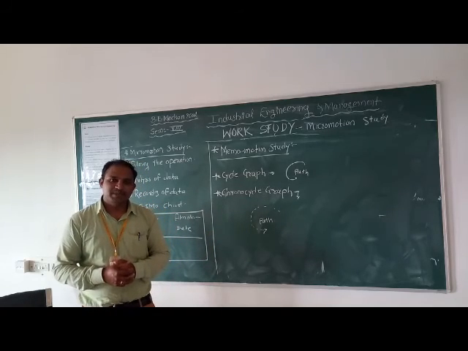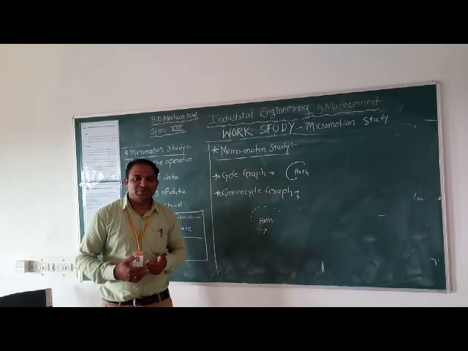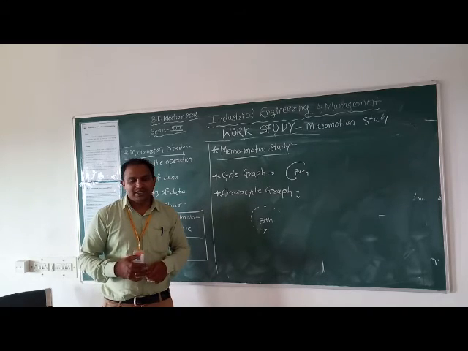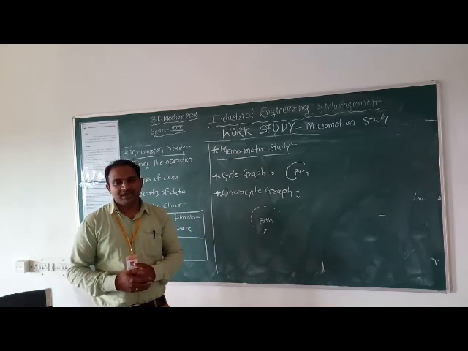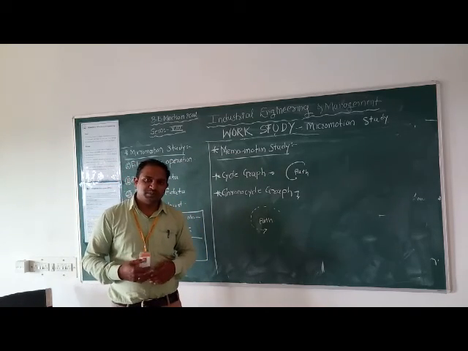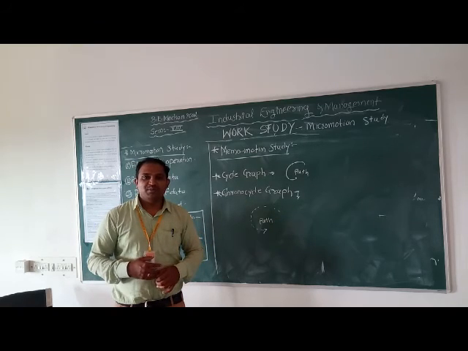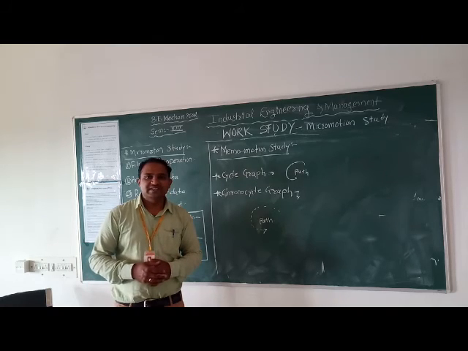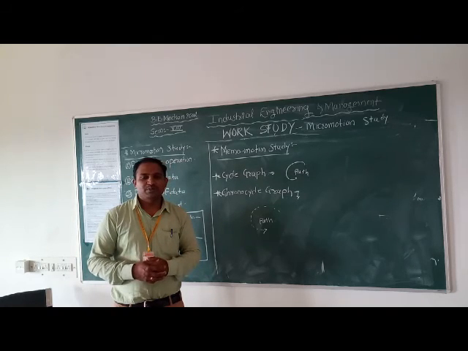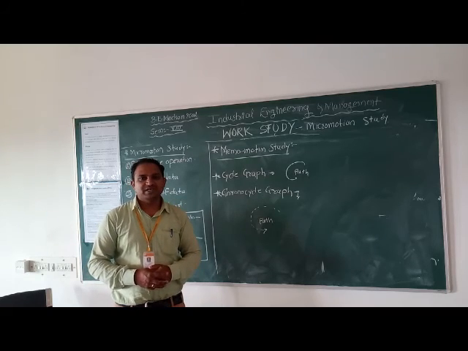If we take a number of photographs, like 30 or 40 photographs for 1 hour, it is possible to check only one job. With a change in job, change in shift, or change in workers, it is not possible to repeat the same activities by another worker for the same job. So this is one of the disadvantages of memomotion study.